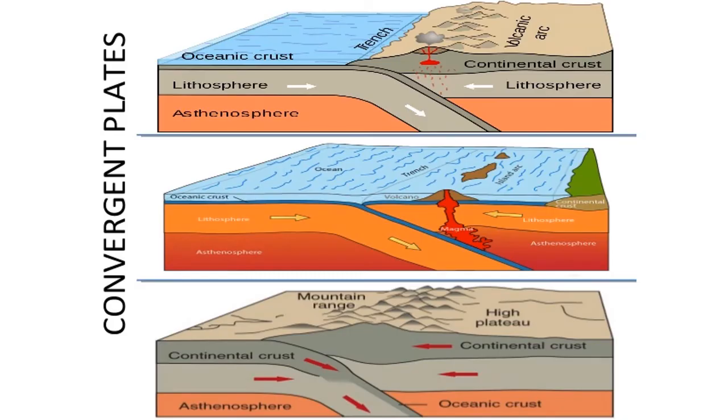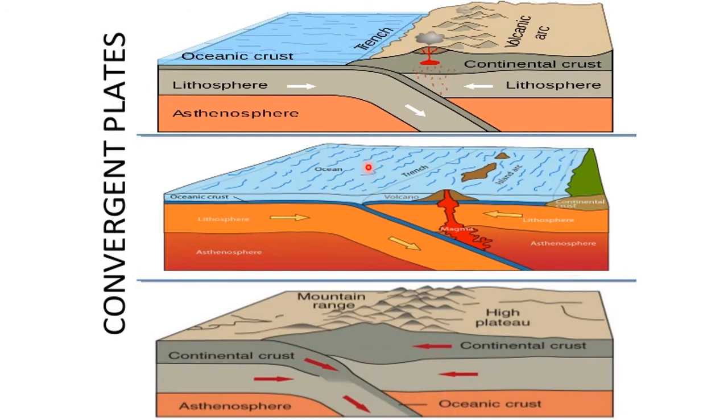Although all convergent zones have the same basic characteristics, they vary considerably depending on the type of crustal material involved and the tectonic settings as well. The convergent boundaries can form between an oceanic plate and a continental plate, as we can see over here, between two oceanic plates, as we can see in this diagram, or between two continental plates.